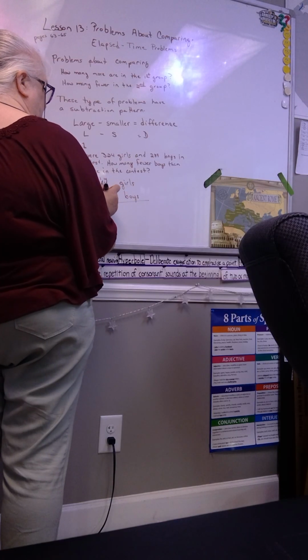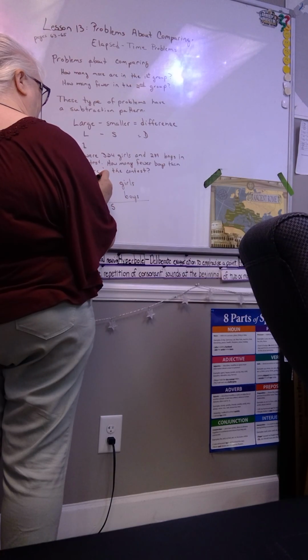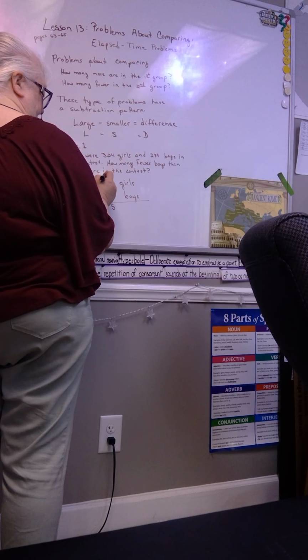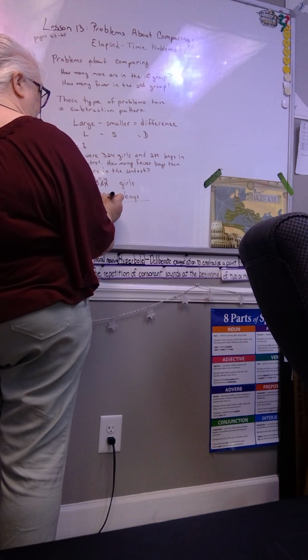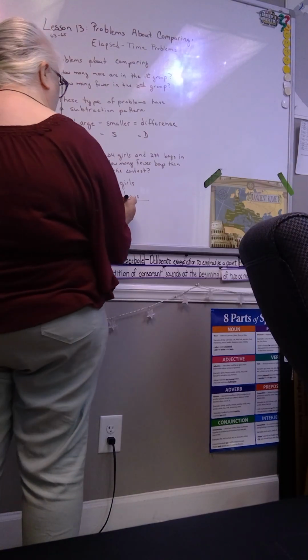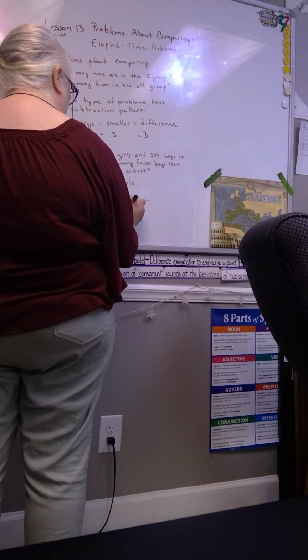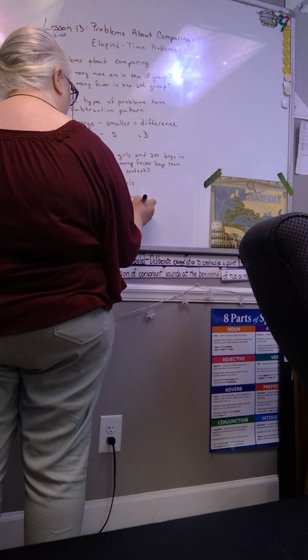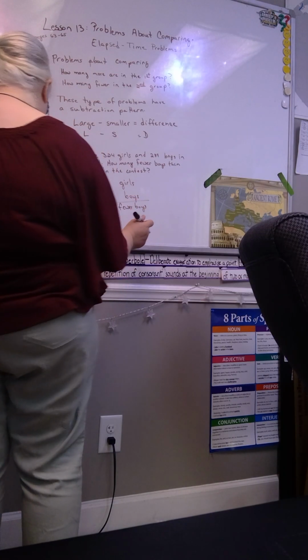Then 8 is larger than 1, so I'm going to have to borrow from the 3 now, and that will become 11. 8 from 11 is 3. So there are 35 fewer boys than girls.